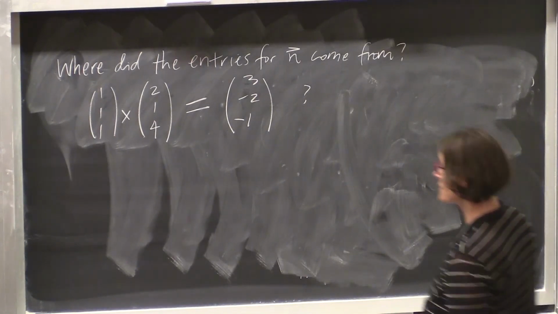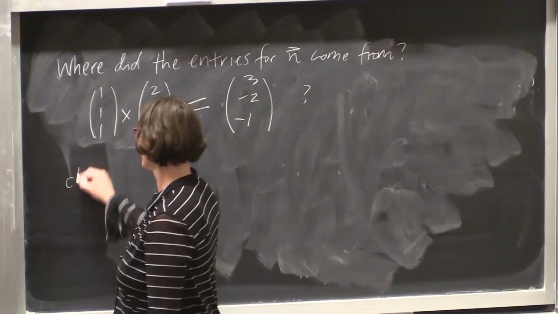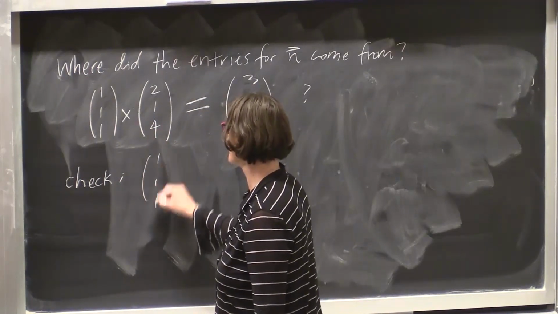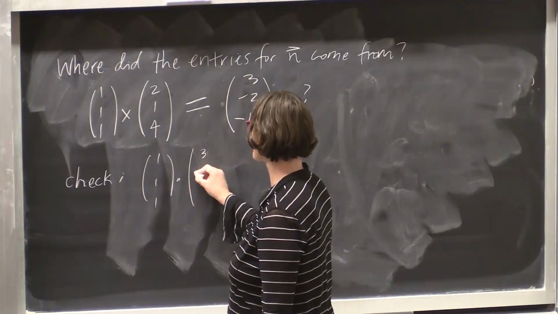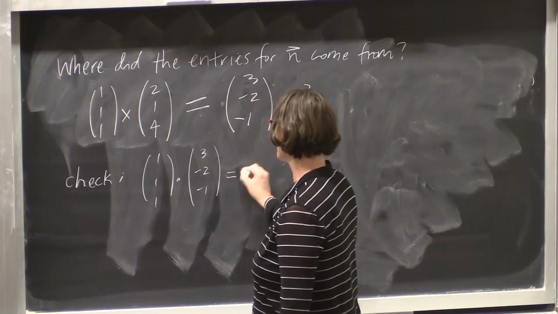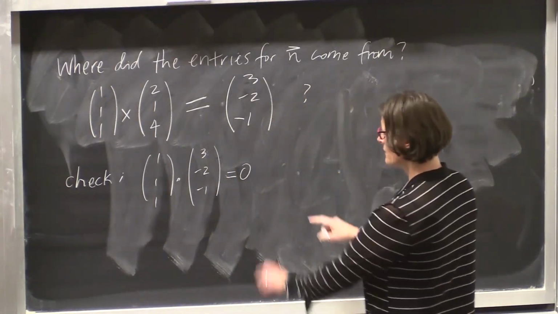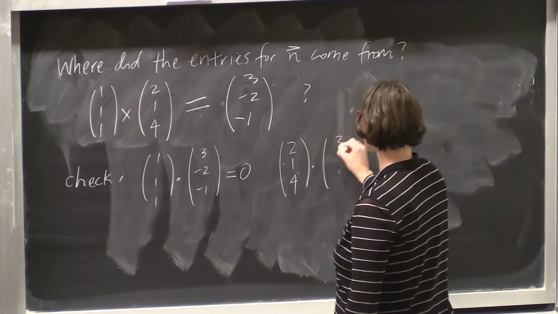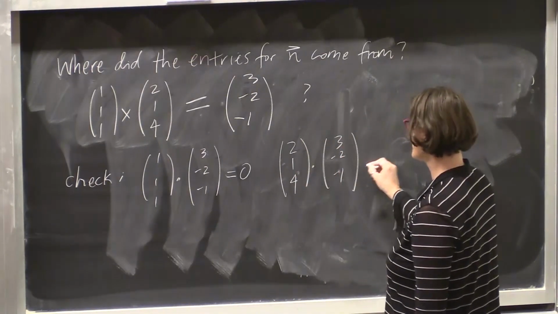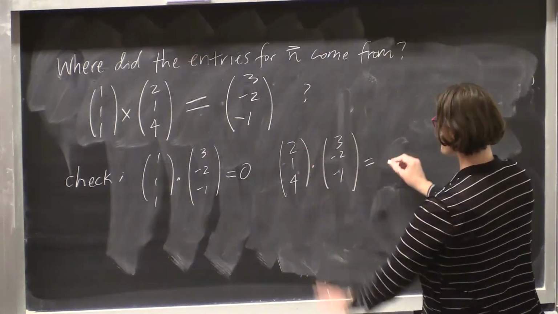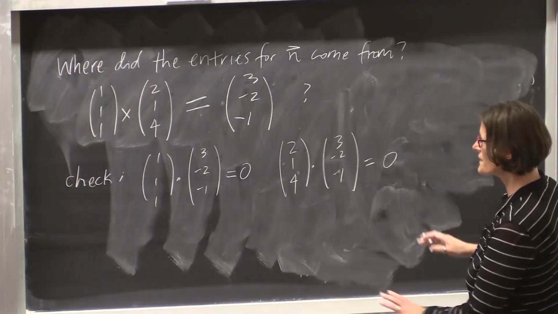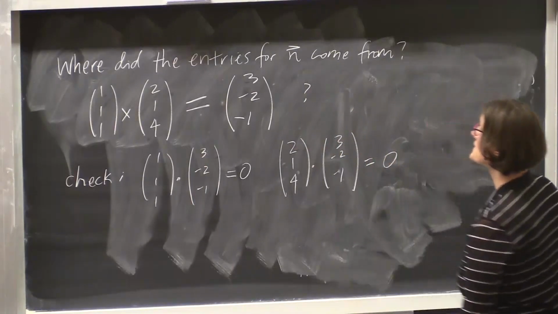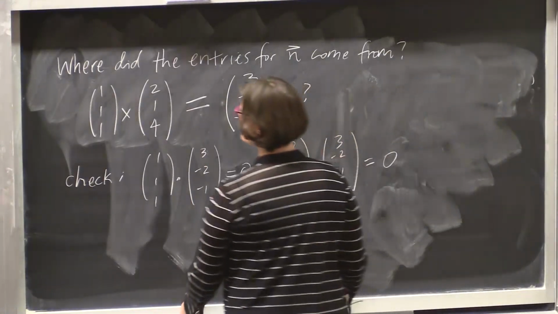So first of all, we can check that (1, 1, 1) dot product (3, -2, -1) is 0, and that's true. And we can check (2, 1, 4) dot product (3, -2, -1) is 6 minus 2 minus 4, which is 0. So certainly this thing is orthogonal to those two vectors, but that doesn't help us actually find it.